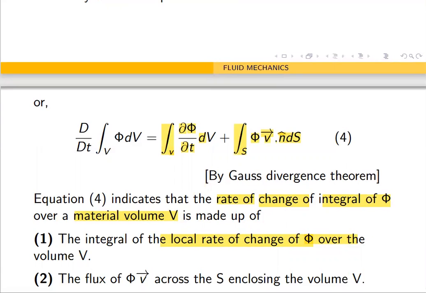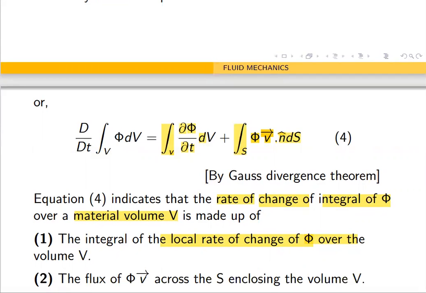Whenever we have a surface integral of some vector dot n, that indicates the flux of that vector across the surface S enclosing the volume V. Here, in the place of the vector we have φ times v, so the flux of φv across the surface S enclosing the volume V. This is the Reynolds transport formula in words.